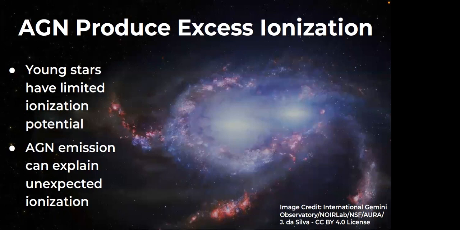And as dust and gas fall onto this black hole, it heats up due to friction and starts glowing, and can often emit huge amounts of high energy radiation. And this is often responsible for the extra ionization we see in some galaxies. So if we see an outlier, a galaxy with high amounts of ionization, that can indicate the presence of an AGN, which are interesting objects of study in their own right.